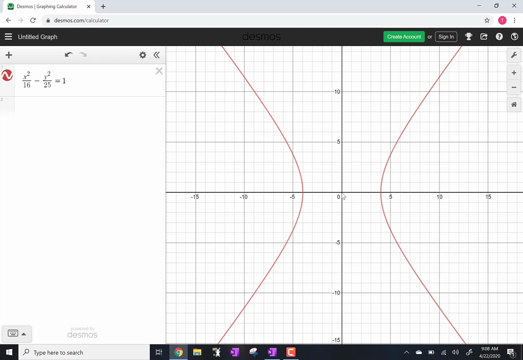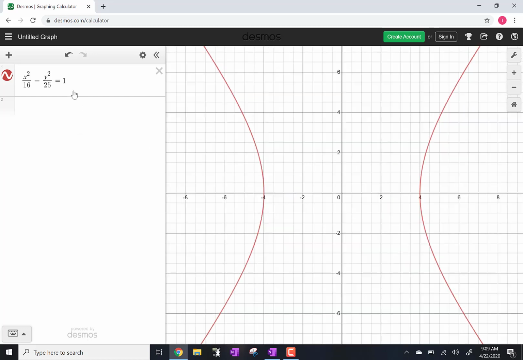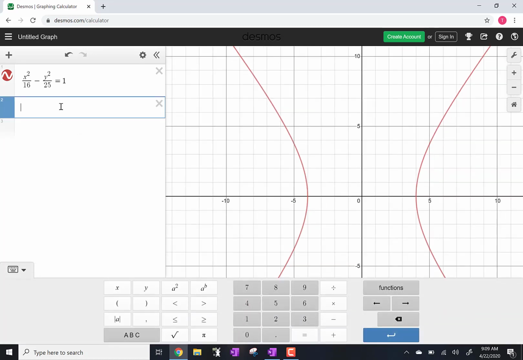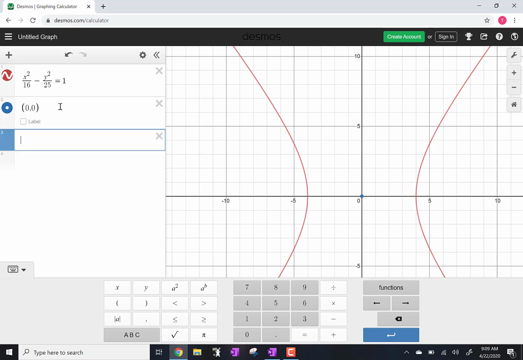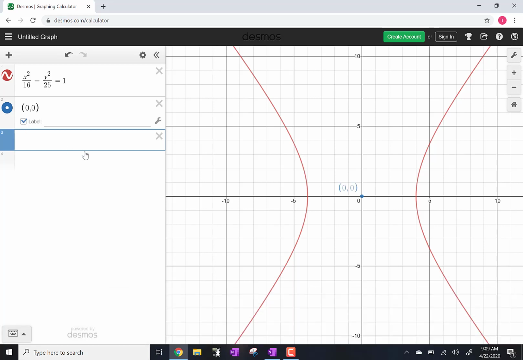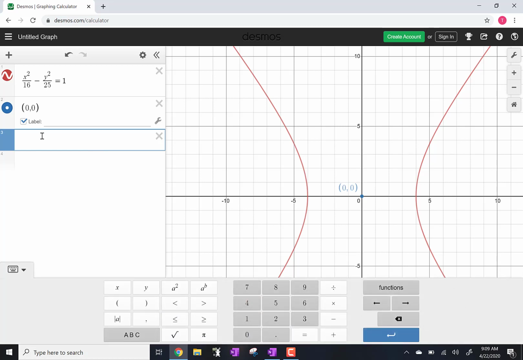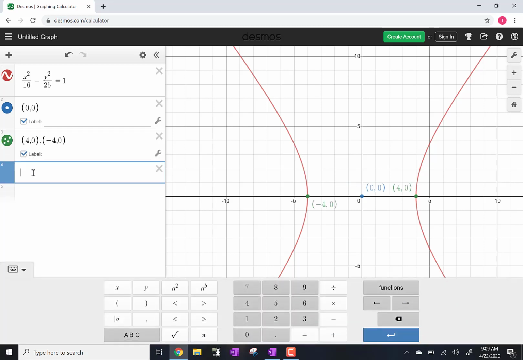Of course, right here at this point, right, that point 0, 0 is the center, so we can graph the vertices as well. So that's 4 comma 0 and negative 4 comma 0. So there's the vertices.